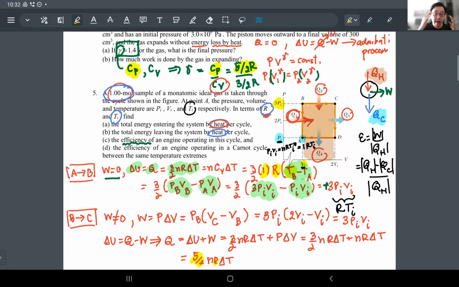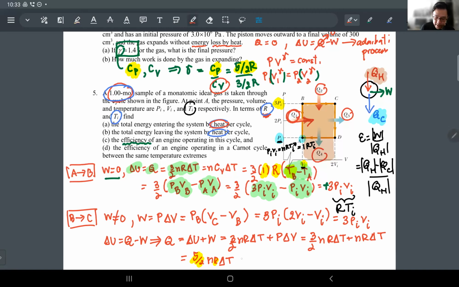So if you know how to apply this relationship right away, you can jump ahead and calculate the heat during the isobaric process as 5/2 nR delta T if you want to. But I just want to showcase that you can start from the work calculation and then add the delta U on top of that, and you'll get to the heat anyway. It depends.